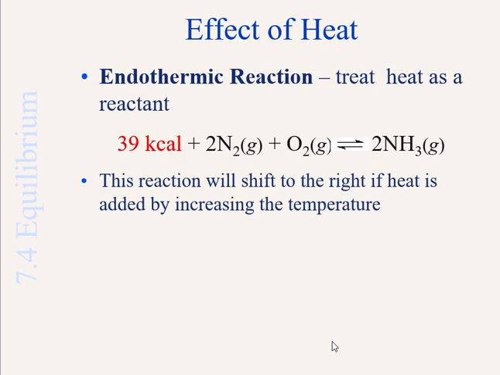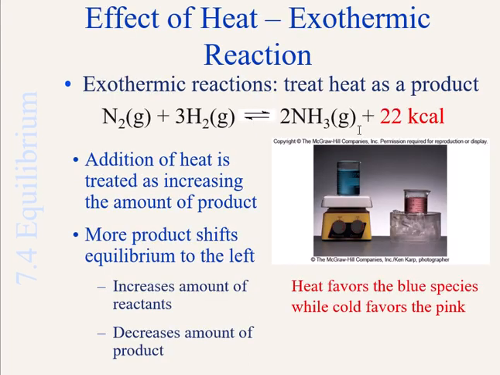So exothermic and endothermic reactions can be monitored that way, and we can even find out if a reaction is endothermic or exothermic if we know which side the system moved by raising the temperature or lowering the temperature. So in this case, this is an exothermic reaction. If I raise the temperature, the system moves to the left.